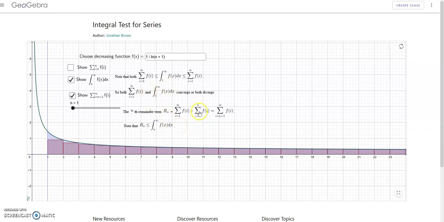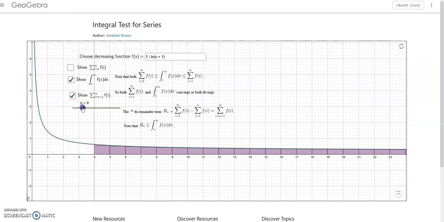However, when you have a series that comes from a function that's positive, decreasing, and continuous, then we make the observation that no matter where we start our rectangles, they're always under the graph. And furthermore, we talk about the remainder term of a series, the remainder term for a partial sum.